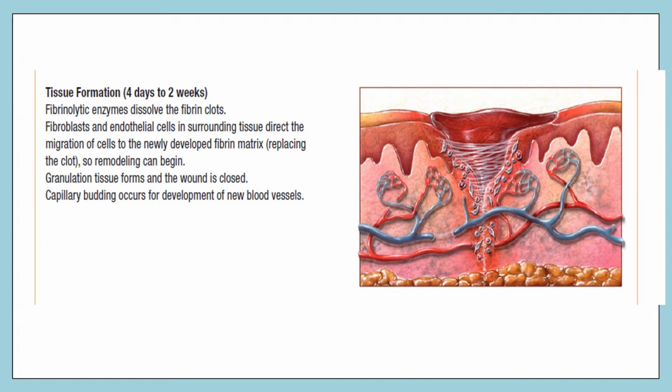This is the tissue formation stage, and this takes place in the next 4 days to 2 weeks after a wound. So you see that you have a rejoining of the capillaries, and you have the tissue growing again from the bottom up. And one of the ways this works is that scar tissue, collagen, tends to shrink in over time.